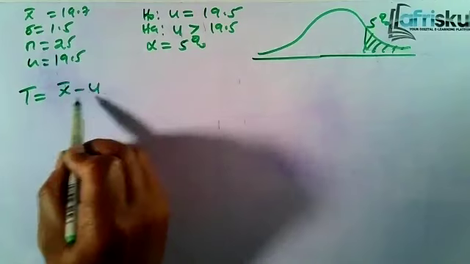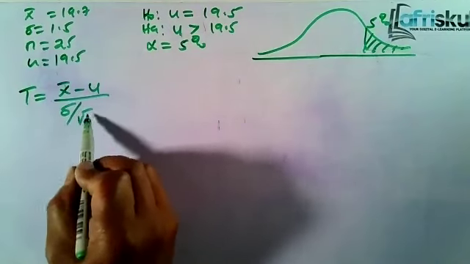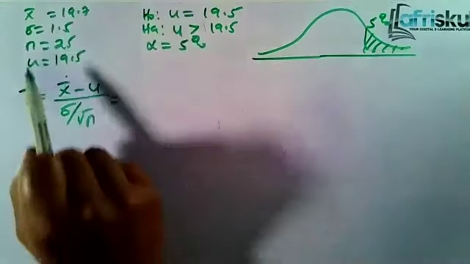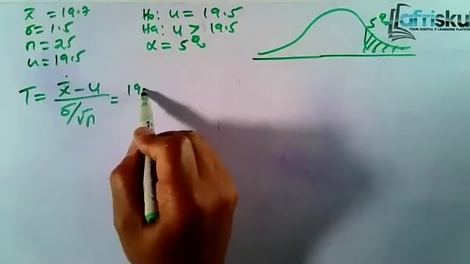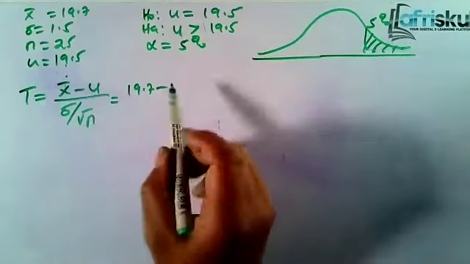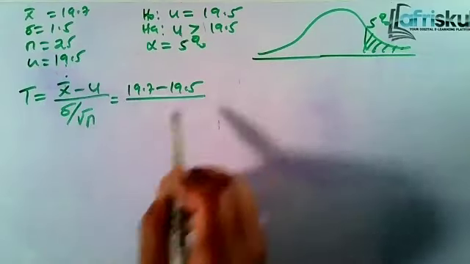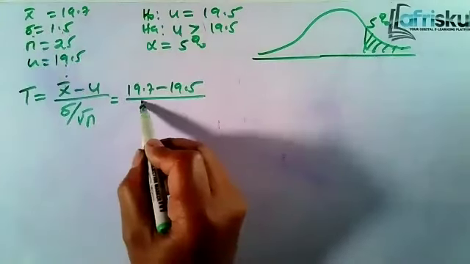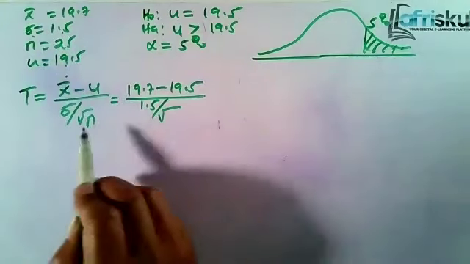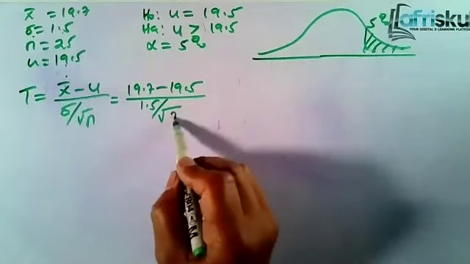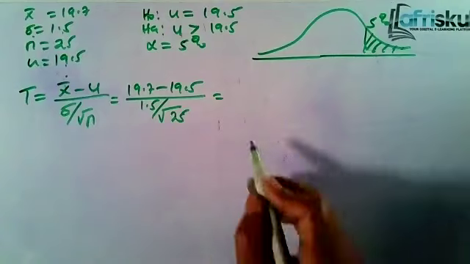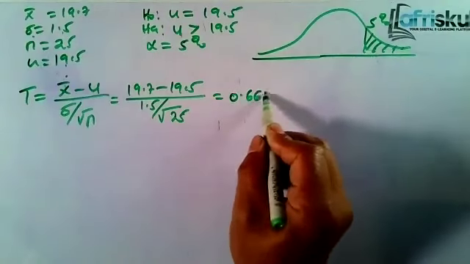X bar minus u over standard deviation over square root of n. The formula is the same. So we have x bar which is 19.7 minus u which is 19.5 over standard deviation, tulikuwa tumepewa standard deviation as 1.5. 1.5 over square root of n. N is 25. Ukifanya hivyo, you should be getting 0.667.